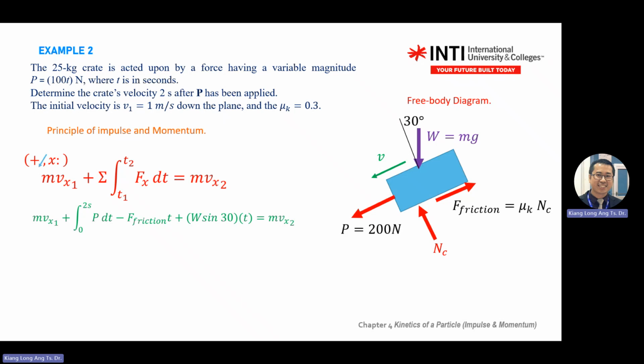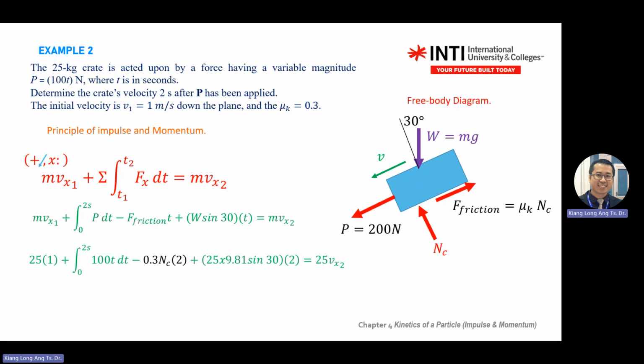I just derive the general equation: m vx plus the integral from 0 to 2 of P dt, minus F t, plus W sine 30 t, equals m v2. Don't substitute values too fast. Write the equation first.